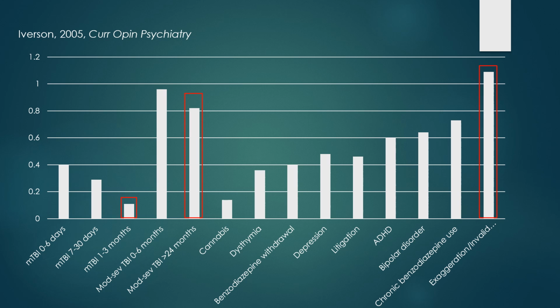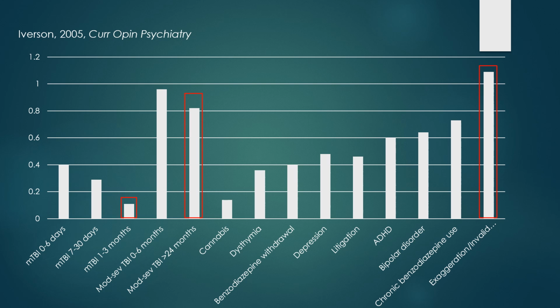TBI. So if you have a healthy individual with no TBI, but they are exaggerating or responding invalidly, they are going to appear more impaired than a patient with mild TBI or a patient with a moderate to severe TBI.